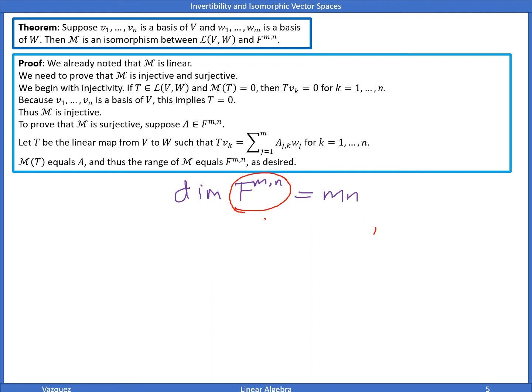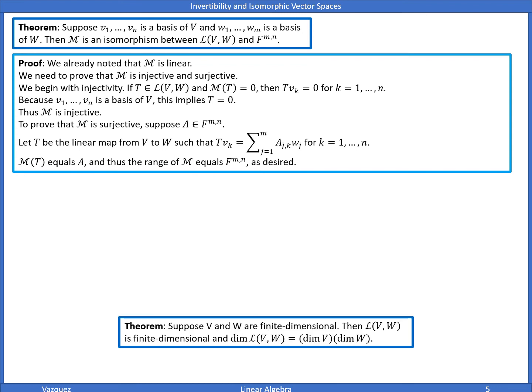Well, using previous theorems, we can now make the claim that if V and W are finite dimensional vector spaces, then L, the set of all linear maps from V to W, is finite dimensional, and its dimension is equal to the dimension of W times the dimension of V.